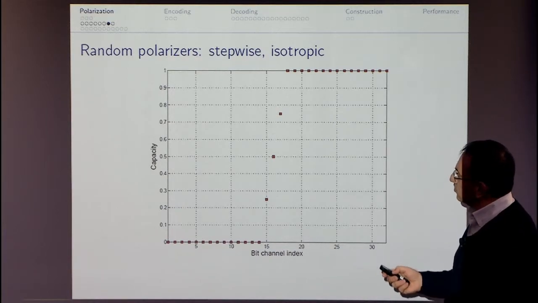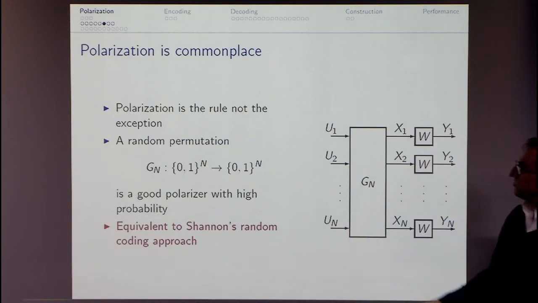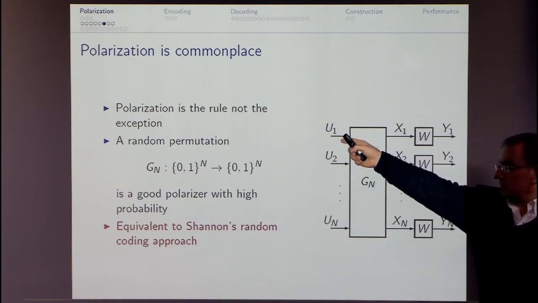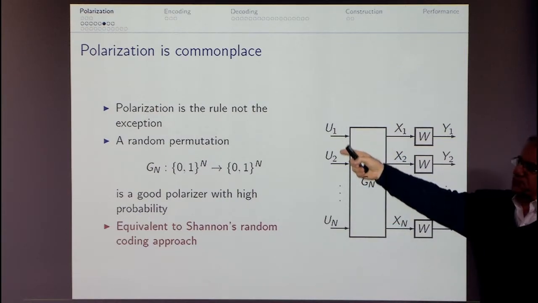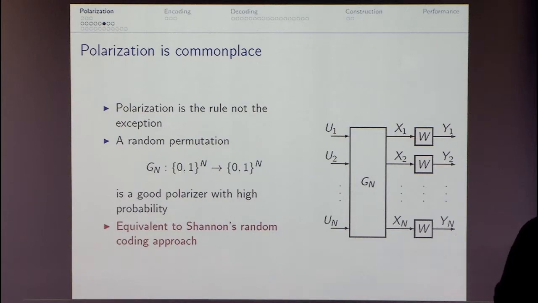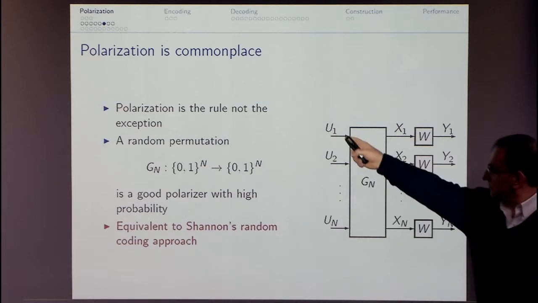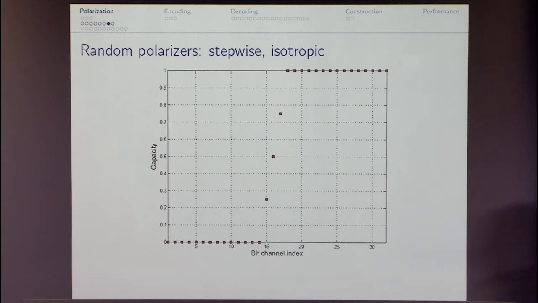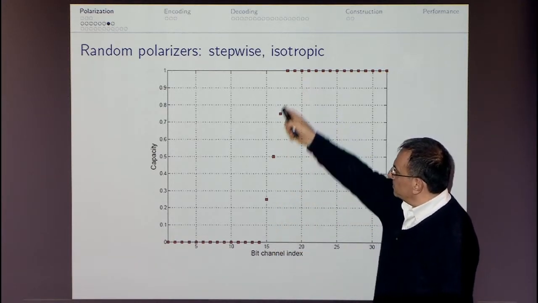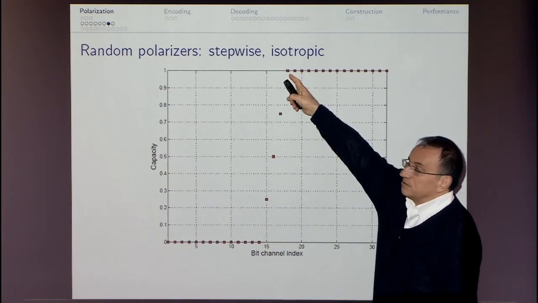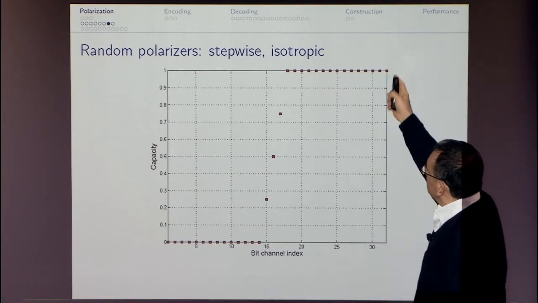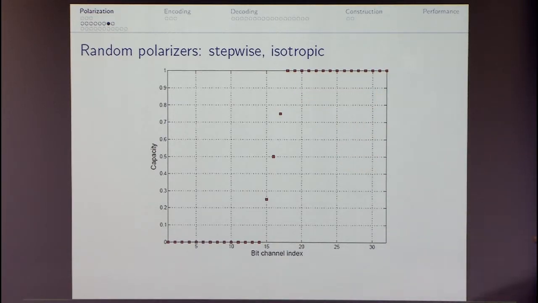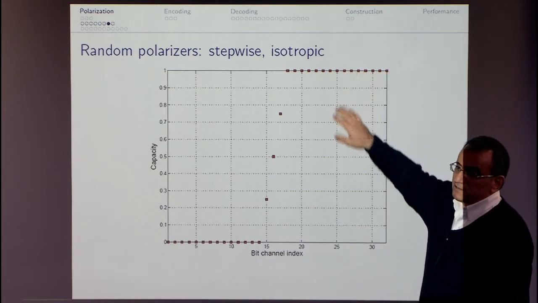So if you look at these channels that we've defined, the first one will have capacity equal to 0, almost 0. So you will have a string of channels whose capacities are near 0. And then there will be a rapid transition from 0 capacity to capacity 1. And then they will saturate. So it is stepwise polarization you will observe.